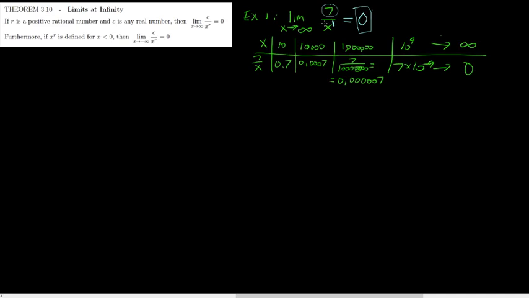As the denominator gets bigger, like in this example, 7 divided by 1 million is a very small number, and 7 divided by a billion is an even smaller number, and so on. 7 divided by a trillion is even smaller. So as the denominator gets bigger, the whole fraction gets smaller. It goes to 0, okay?